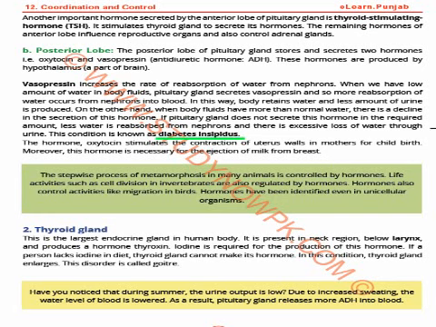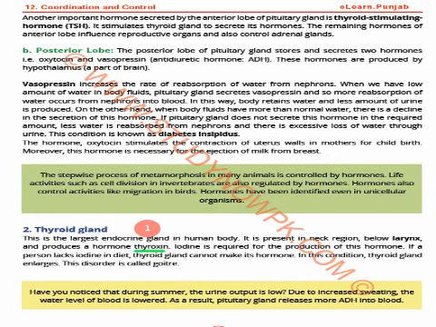You must know this. The thyroid gland is the largest endocrine gland. As I told you, it is present in the neck region below the larynx and produces a hormone known as thyroxine. So thyroxine is produced with the help of the thyroid.